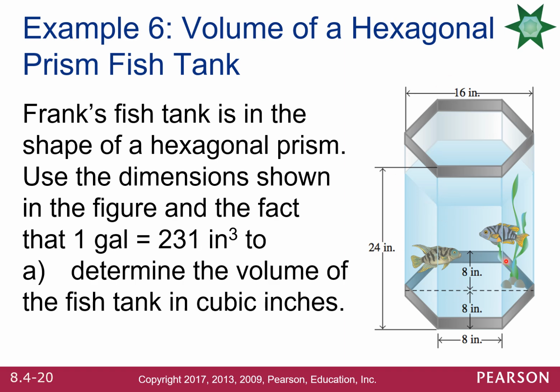So let's look at this figure over here. So we see that the base of the figure as well as the top of the figure is shaped as a hexagon. That means 6 sides, correct? And they have given the dimensions here. One side of the hexagon is 8 inches.